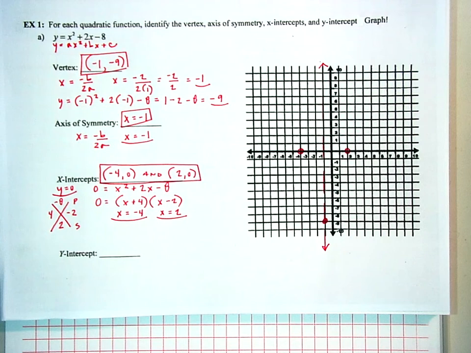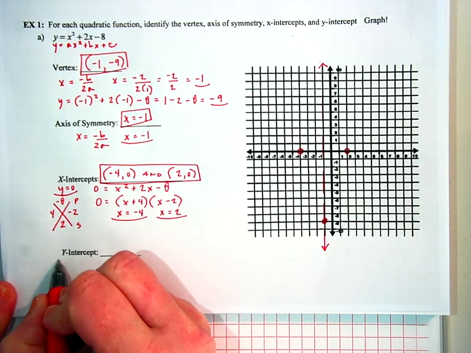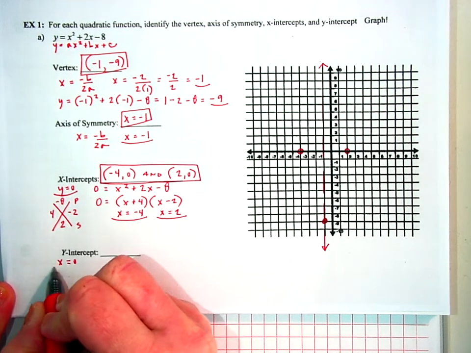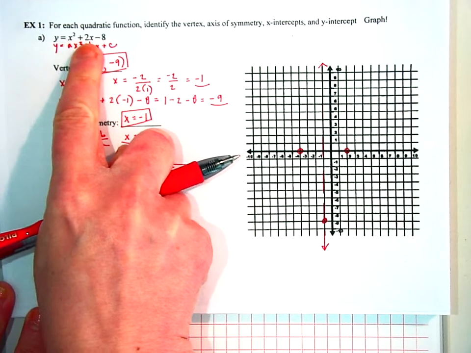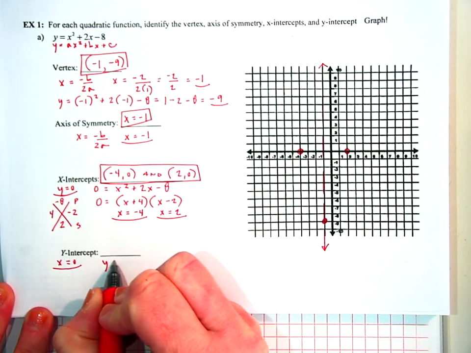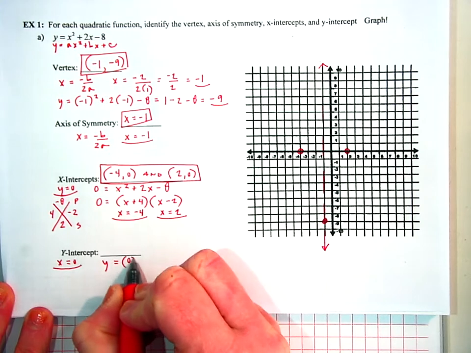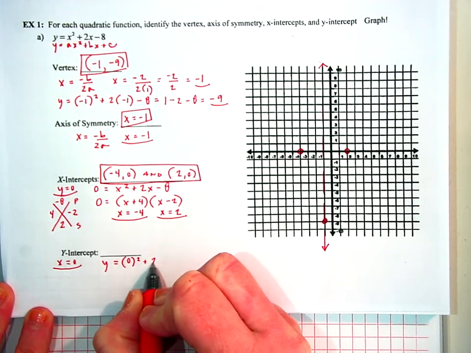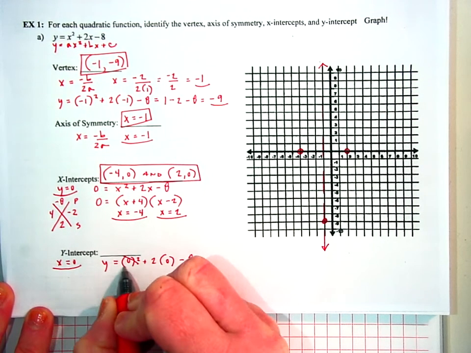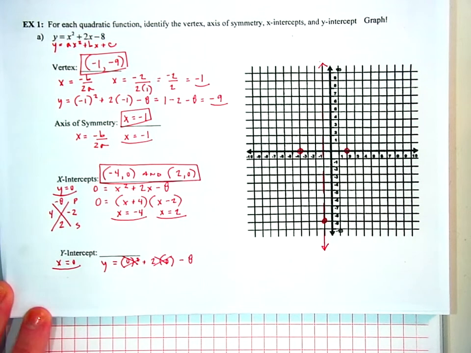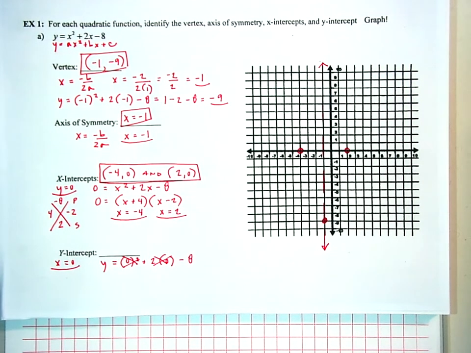Okay, lastly, Y-intercept. Well, that occurs when the X value is 0. So if I go up to my original equation and I plug in 0 for all of those X's, watch what's going to happen. Y equals 0 squared plus 2 times 0 minus 8. Right here and right here, those both clear away to 0. I'm left with the constant at the end.